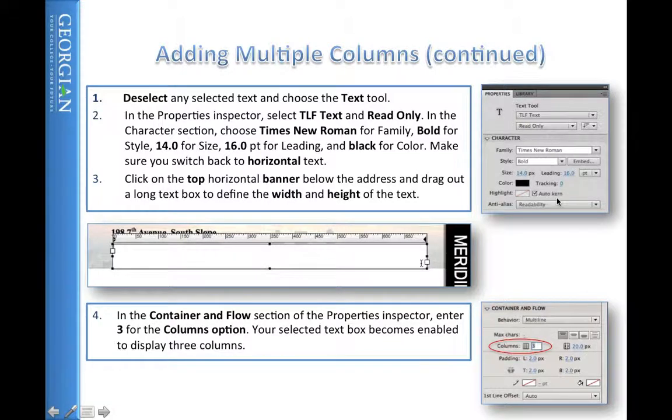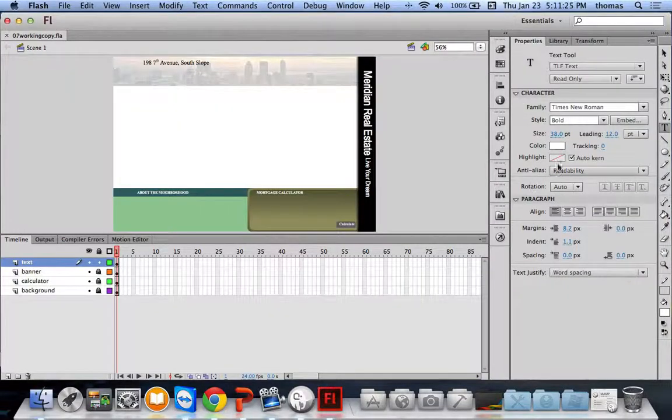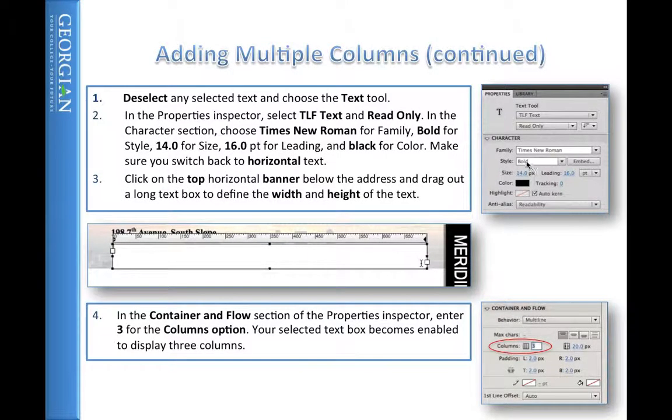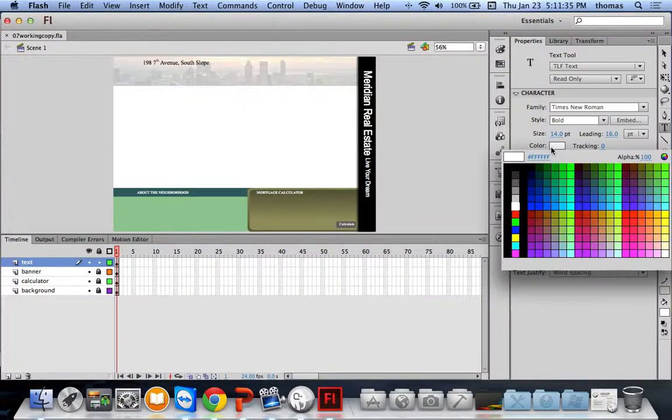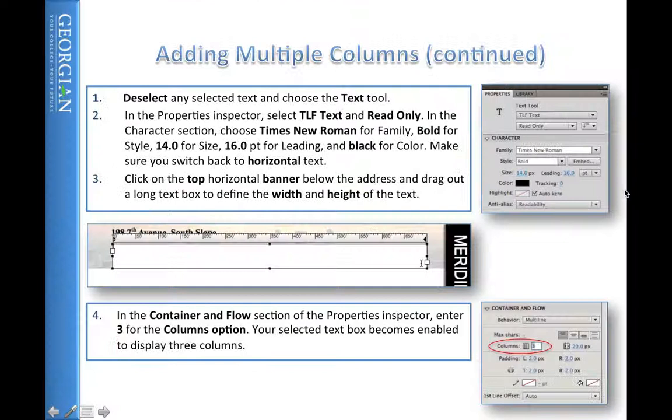And we're going to go with a size of 14 and a leading of 16. And then we're going to choose black for color. And in the container and flow area, we're going to choose 3 columns.